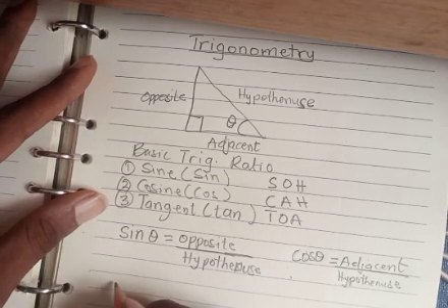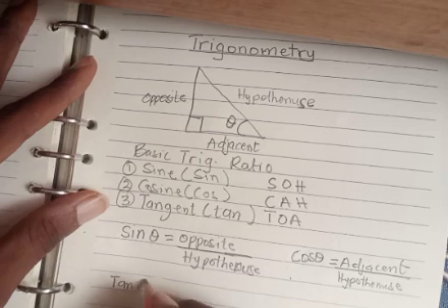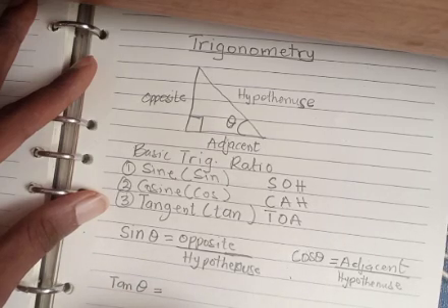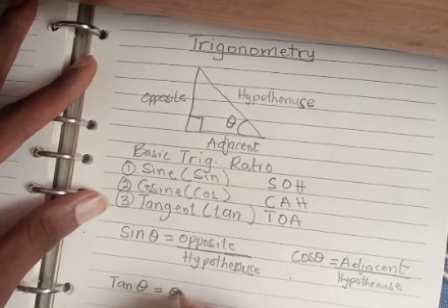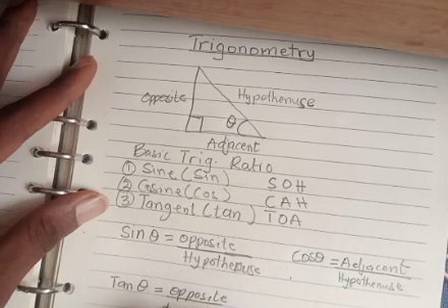Then we have tan theta, which will be equal to opposite on adjacent.